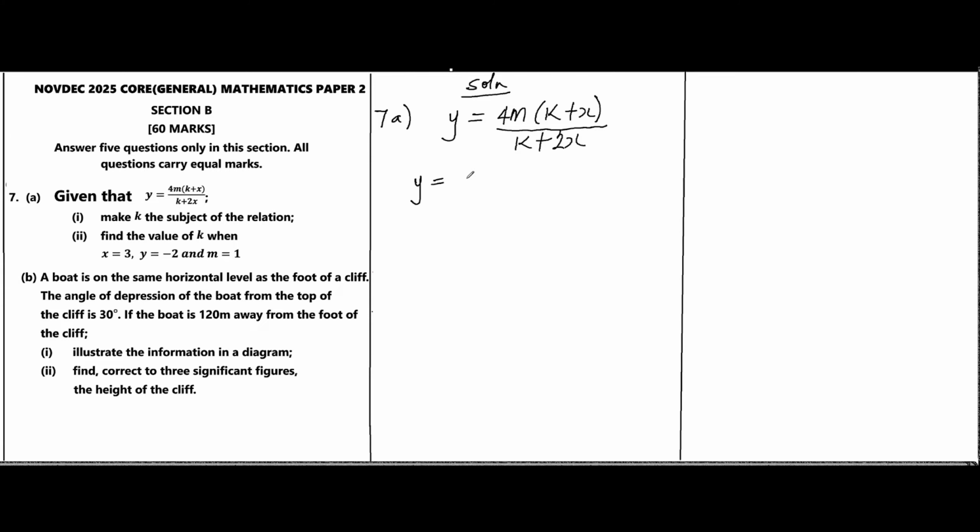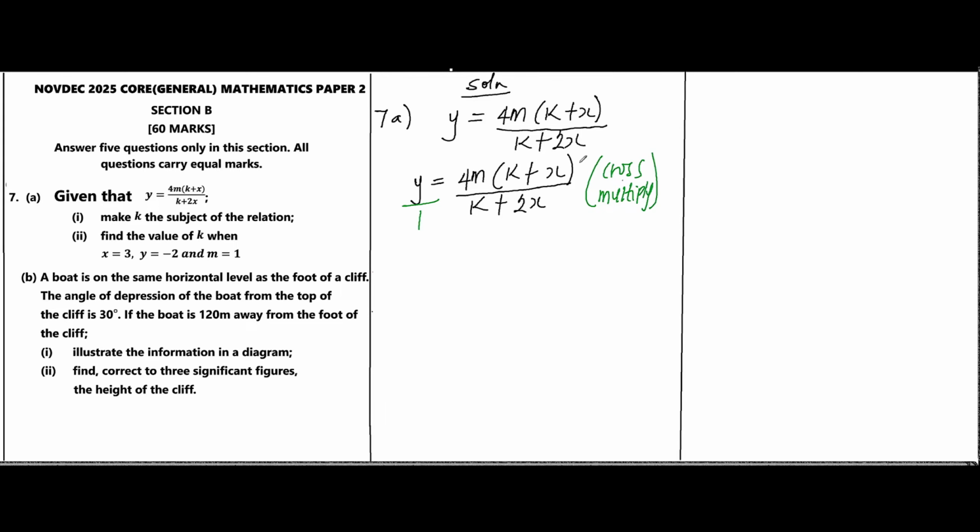y is equal to 4m multiplying k plus x all on k plus 2x. So y can be written as y on 1. At this point, we can cross multiply.